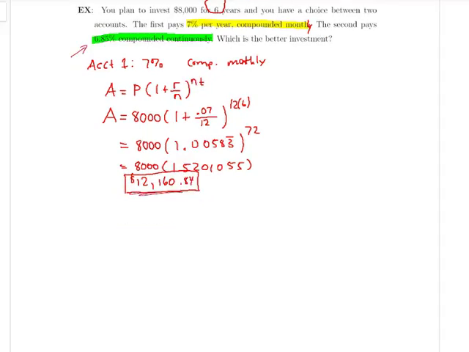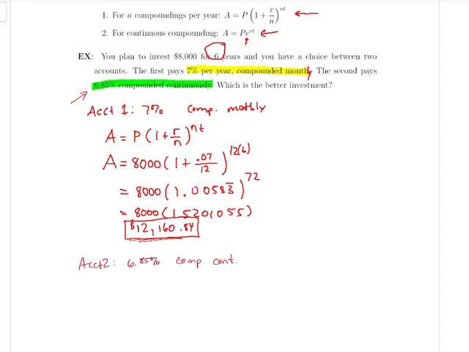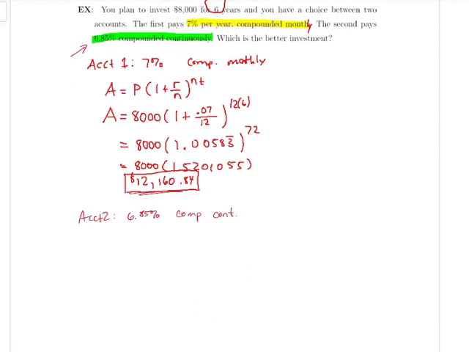So now for account 2, we are asked to find the amount after 6 years for a 6.85% interest-bearing account that is compounded continuously. Now recall from above that the compound interest formula for continuous interest compounding is A equals P e to the rt.